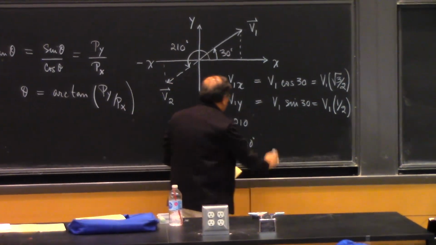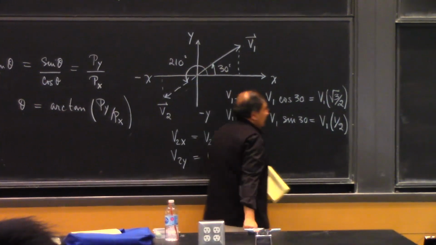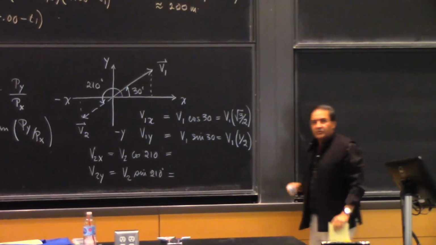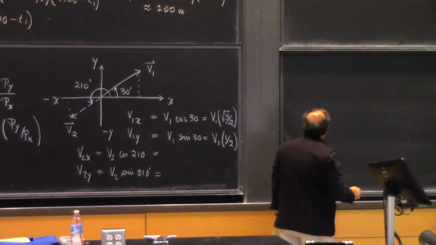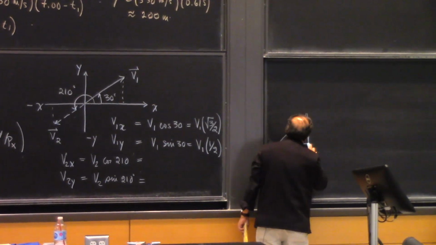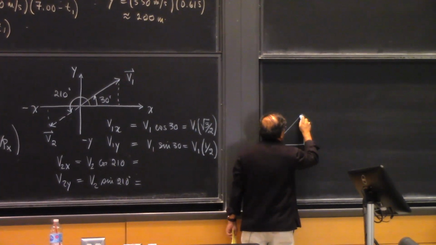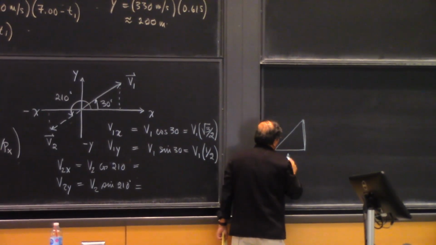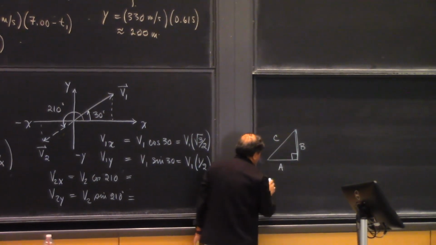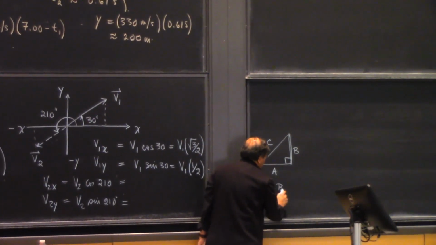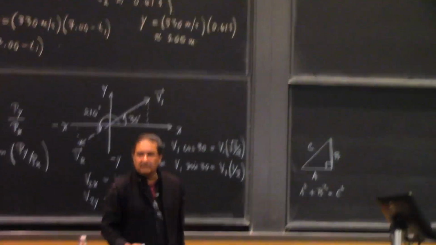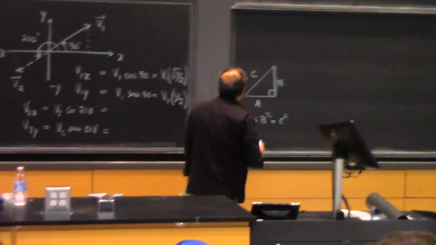Now, before I proceed any further, I need to teach you a few things. All you really need to know in trig is that you have a right triangle, and you essentially have, let's say, a side A and a side B and a side C, and this is the 90 degrees, and that A square plus B square is equal to C square. So that's, of course, the start of everything. That's your Pythagoras theorem.